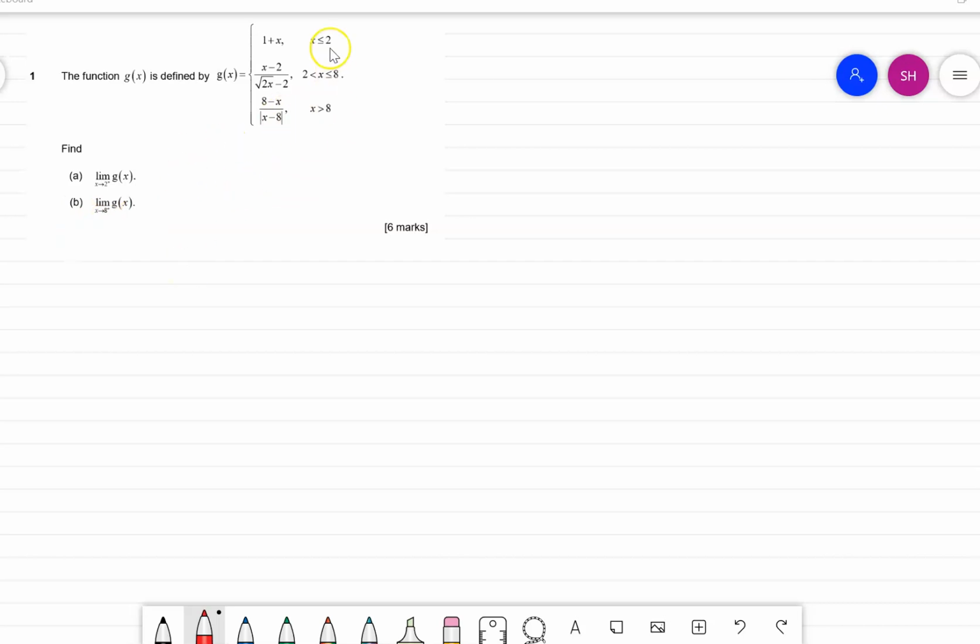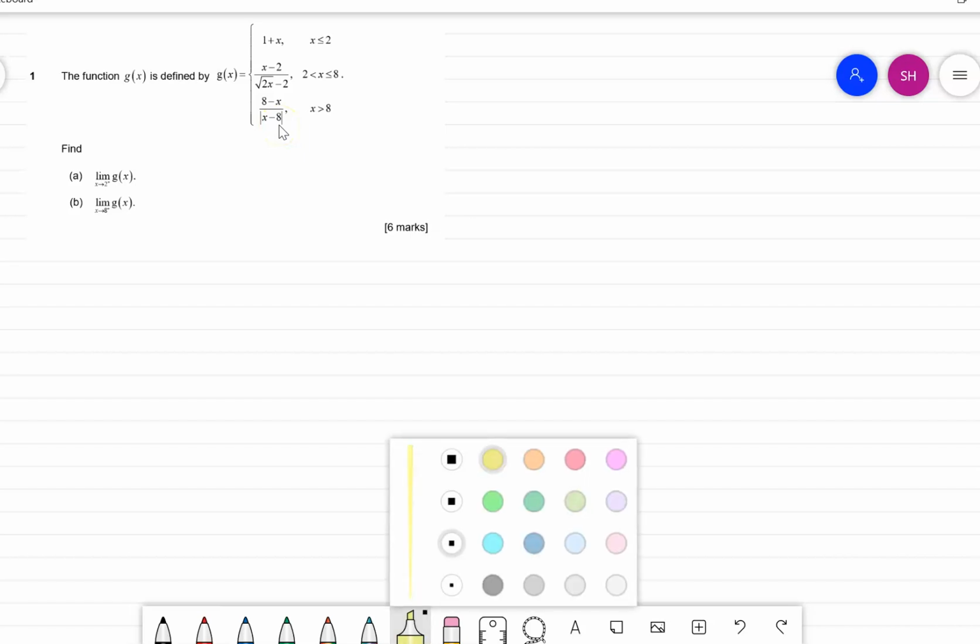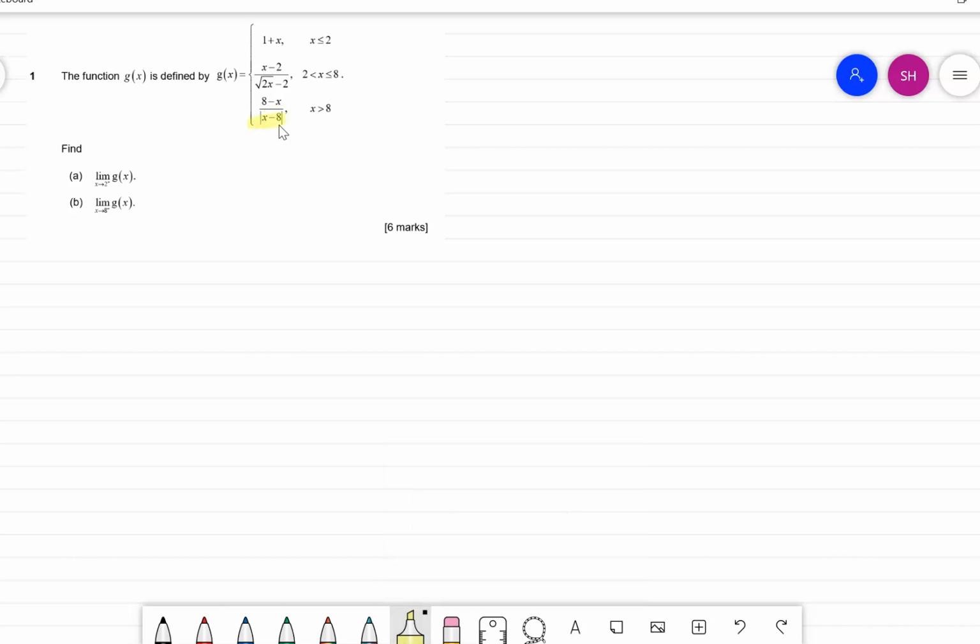When you see this piecewise function and you see the absolute value of x minus 8 in the third function, you need to define the modulus, or the absolute value. Meaning you must open the modulus. So how to define the modulus?